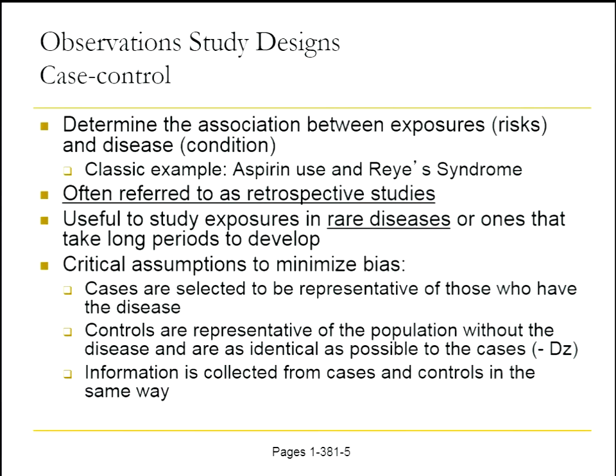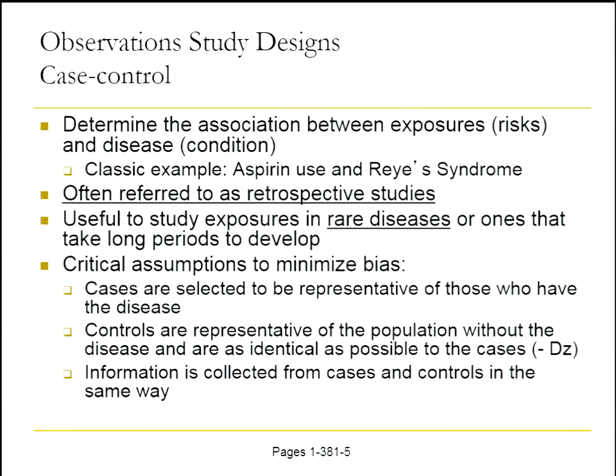All right, so critical assumptions that are required to minimize bias in these types of studies are, one, cases that are chosen are selected to be representative of those who have the disease. And controls have to be as similar to those as possible, but obviously not have the disease.